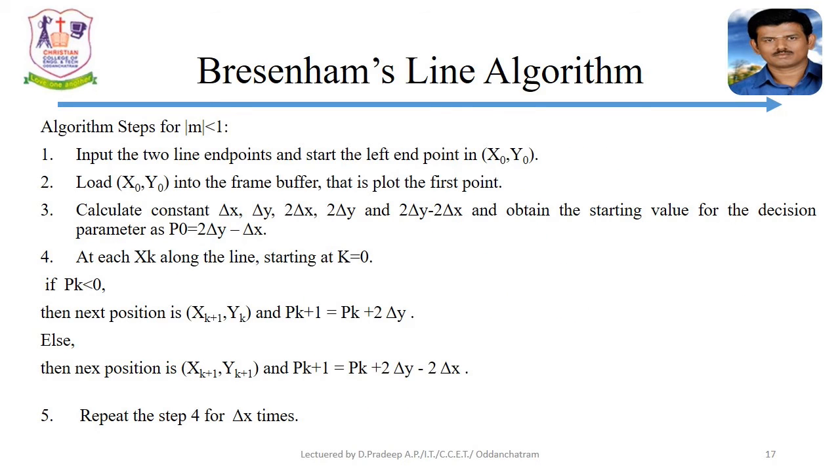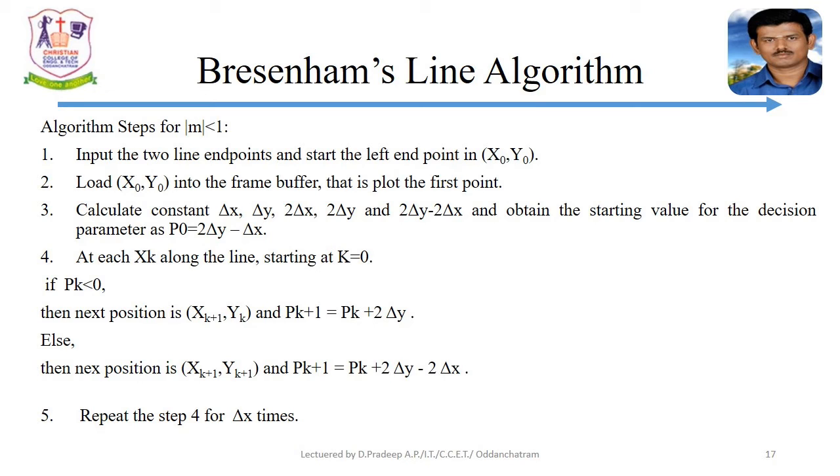Next, here I give the Bresenham's line algorithm for the positive slope. For the first step, input the two line endpoints and store the left endpoint in x0, y0. Load x0, y0 into the frame buffer, that is, plot the very first point on the monitor.